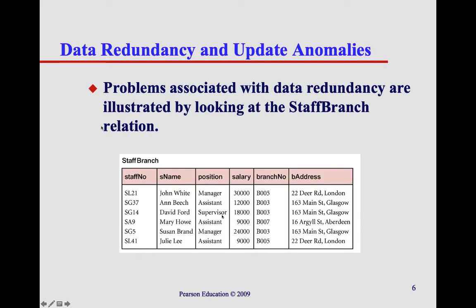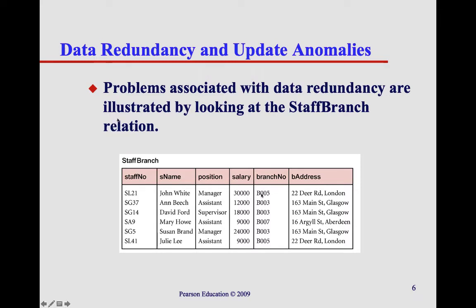The other type of update anomaly here is if I change the branch for John White. Say I move John White to branch B7. Let's say I forget to update his branch address. Then I have data inconsistency. So there's two types of potential update anomalies in this relation.